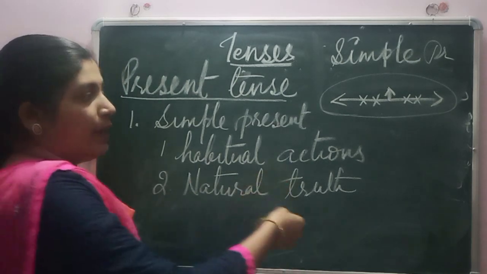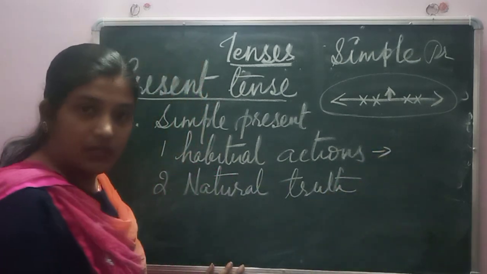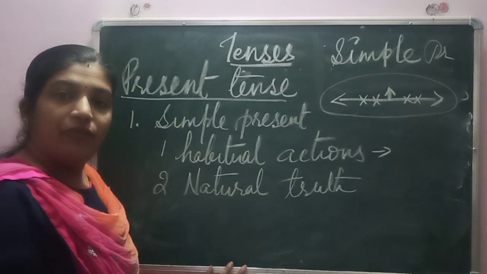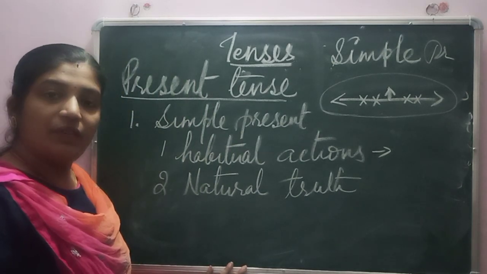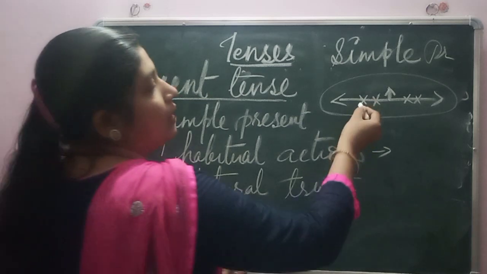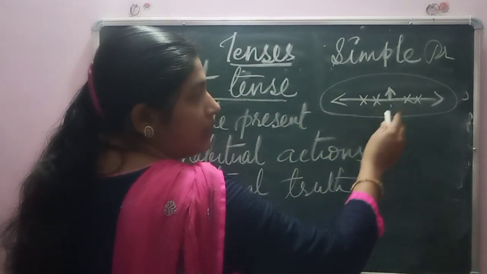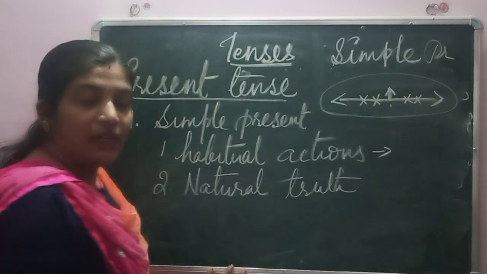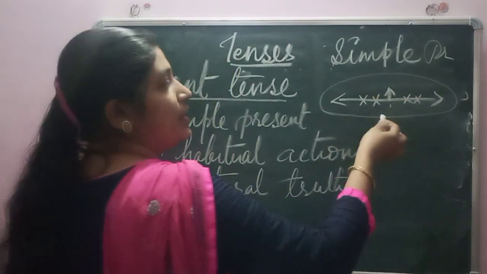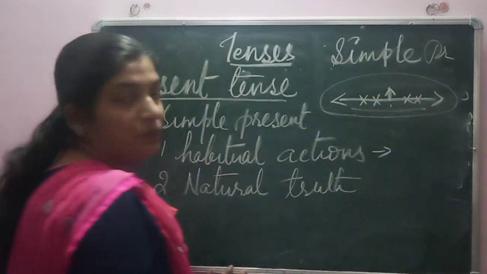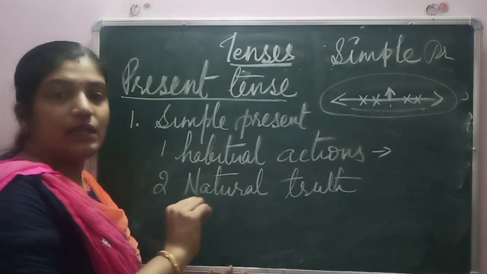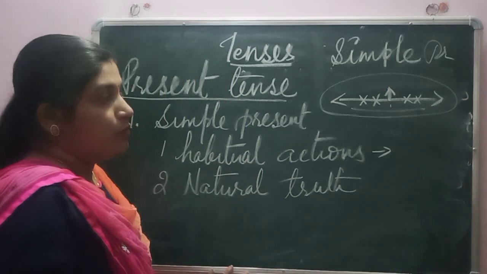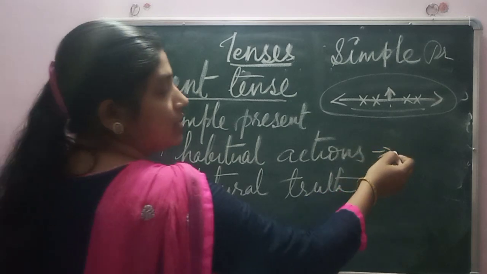So habitual actions like I brush my teeth every day. I wake up at 5 o'clock. That means every day I wake up at 5 o'clock. If it is today, then yesterday also I woke up at 5 o'clock. Tomorrow also I'll wake up at 5 o'clock. So that happens as a habit. So here habitual actions first one.